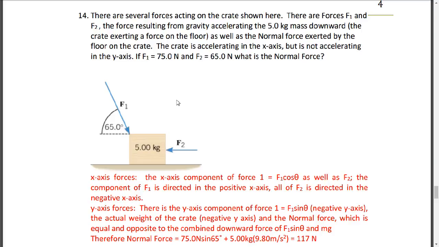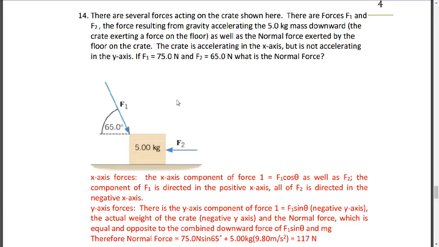So on a day when there was no force 1 or force 2, if I just had a 5 kilogram box sitting on the floor, I would say the normal force is 5 kilograms times 9.8 meters per second squared. And I would have a value for the normal force, equal and opposite to the weight.